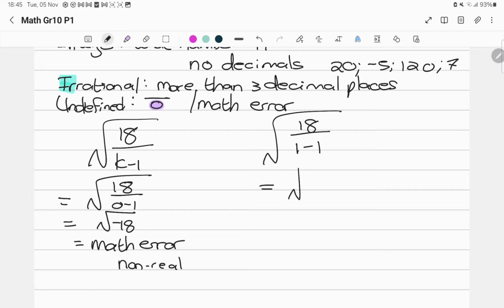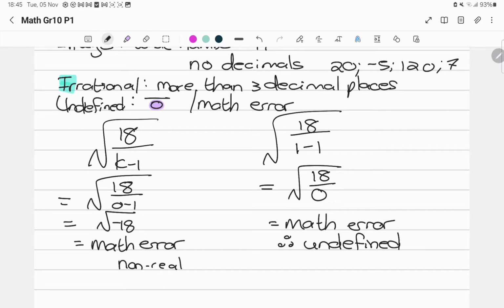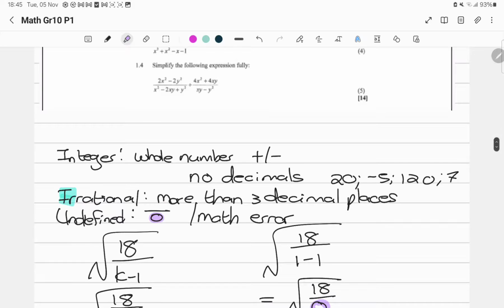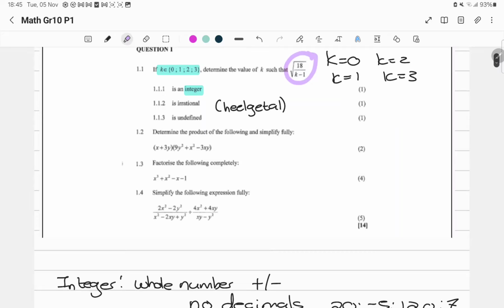So now I have 18 over 0, which if I put it into my calculator also gives me a math error. This one will be undefined, because I'm dividing with a 0.